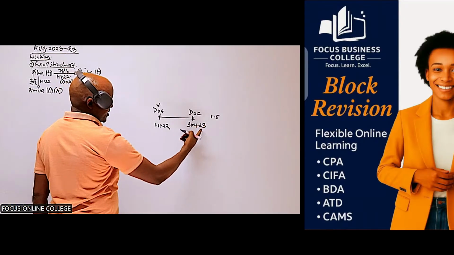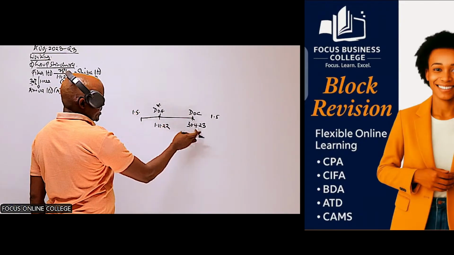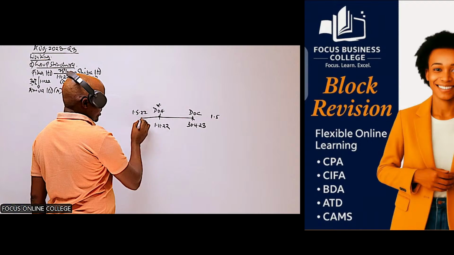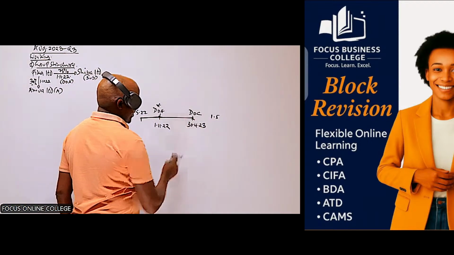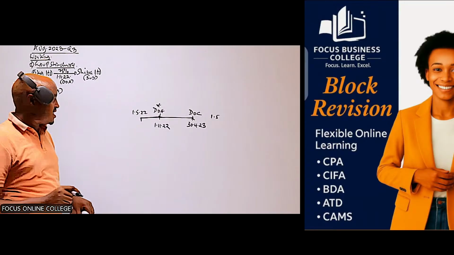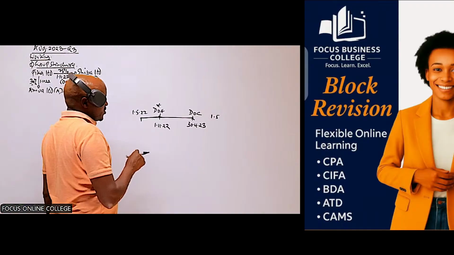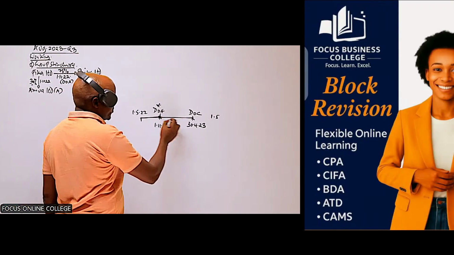So it means that this year started on 1st of May, but 2022. Therefore, you can see this date of acquisition falls within the current year. So these two companies were acquired in the course of the current year. So how many months do we have here?